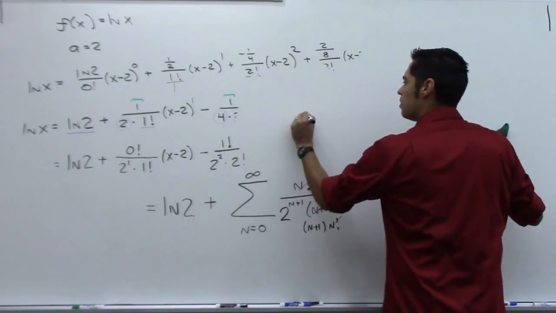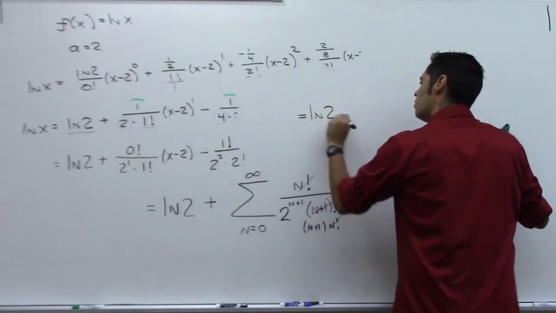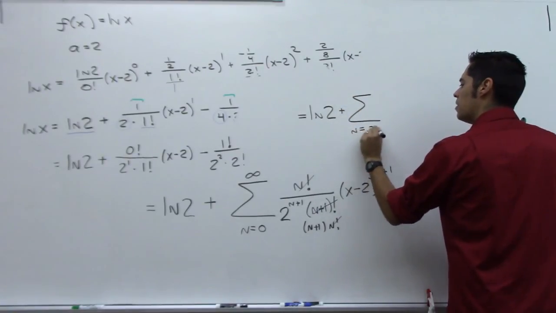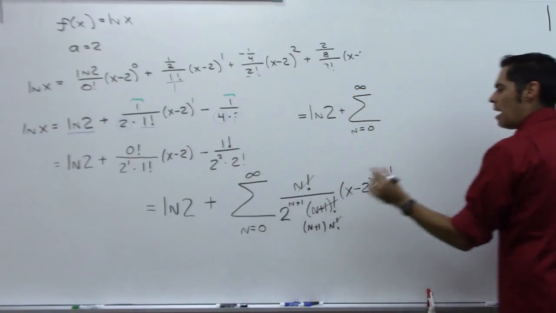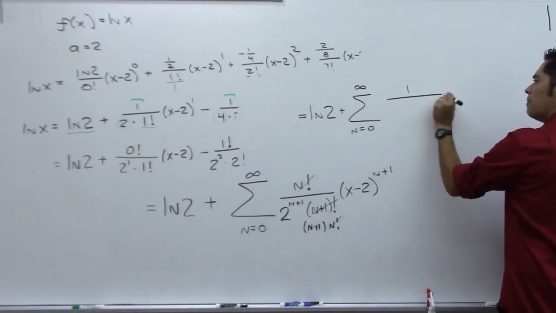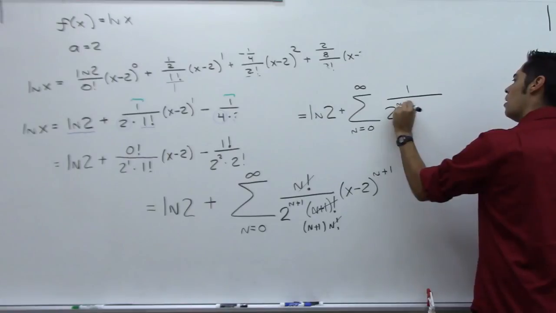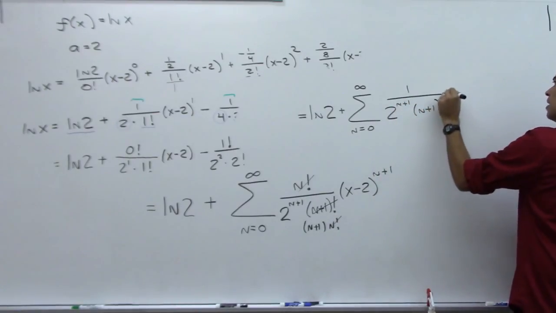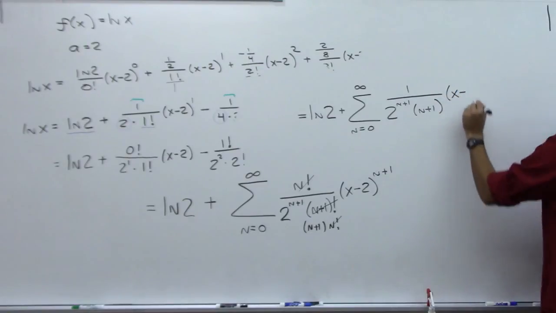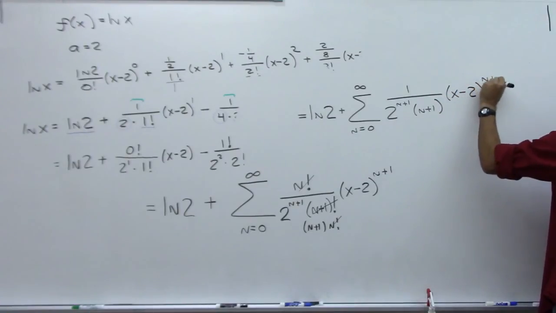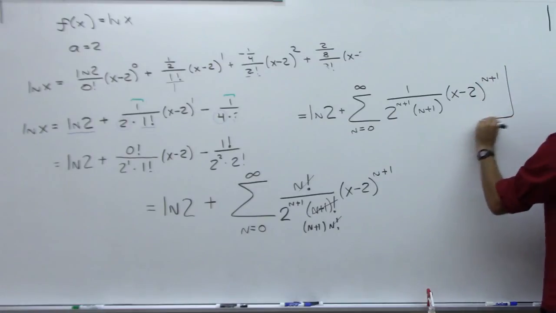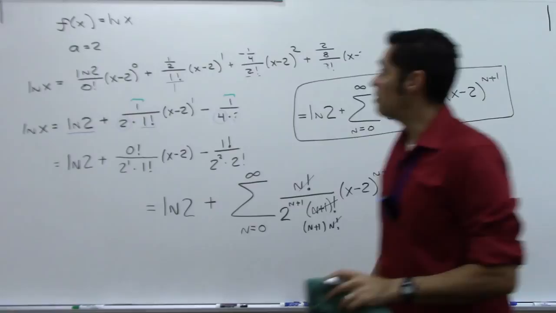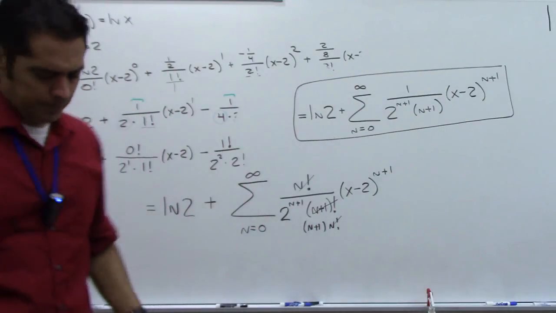So this is equal to natural log 2 plus the sum from n equals 0 to infinity. On top you have a 1. On the bottom you have 2 to the n plus 1, and then n plus 1 here, and then times x minus 2 to the n plus 1. And that is your Taylor series for natural log of x about 2.